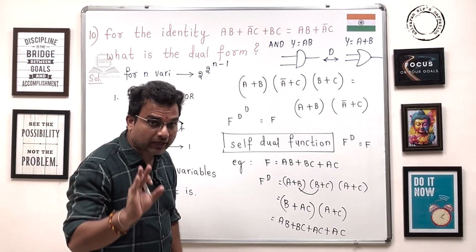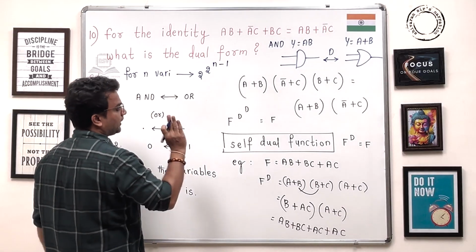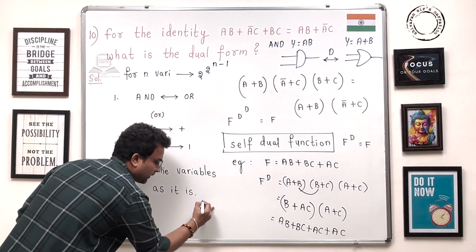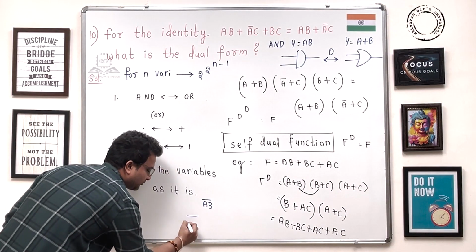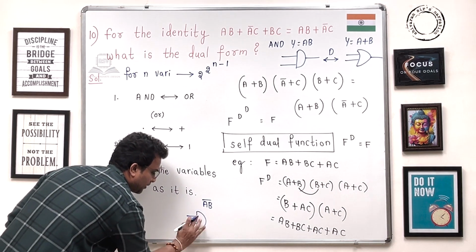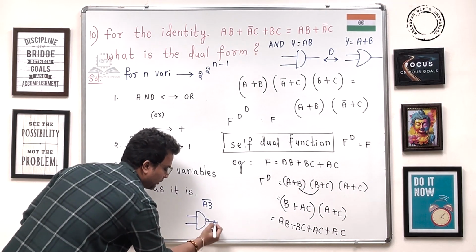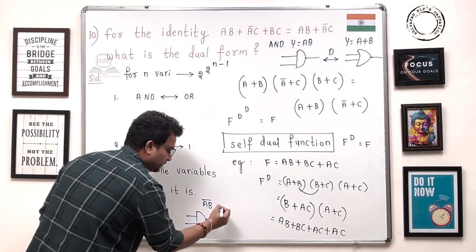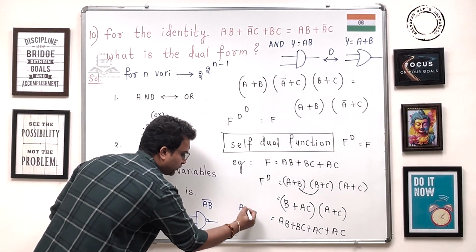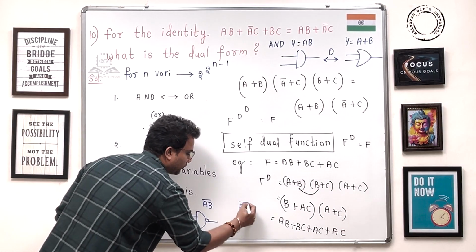The same you can consider for the NAND gate also. For example, it is (AB) whole bar. Now here if you apply the duality, what do you get for this function? You get (A plus B) whole bar only, na?